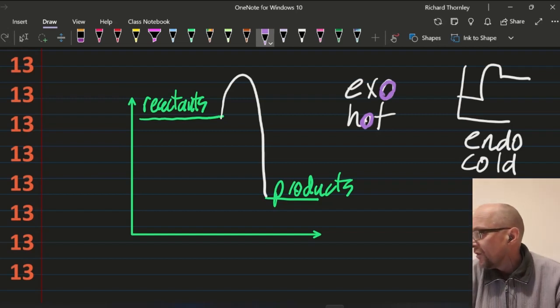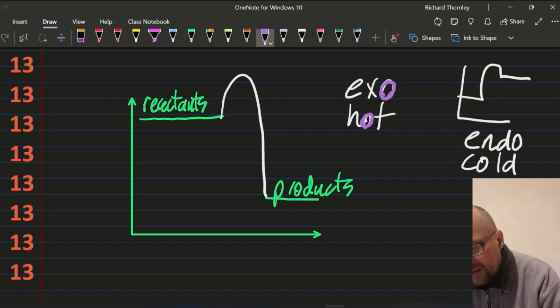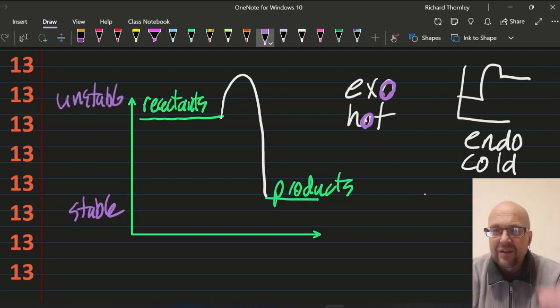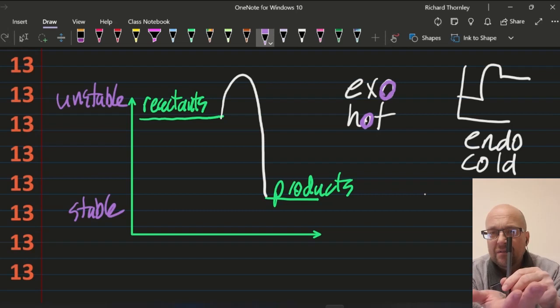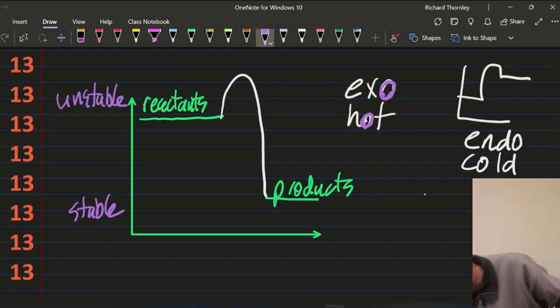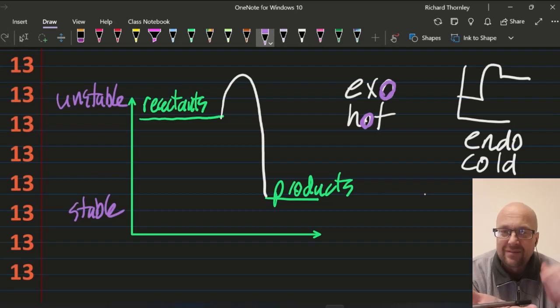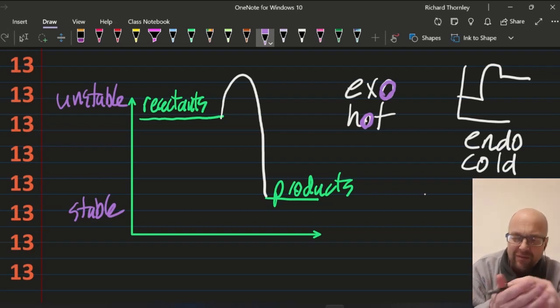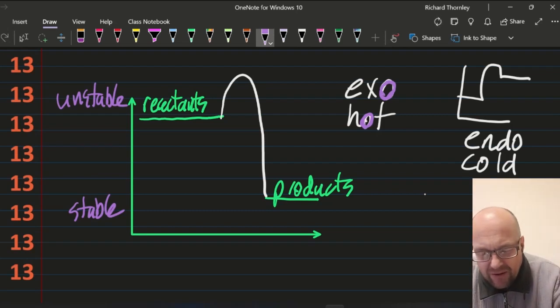Anyway, if it's got low energy, it's stable. And if it's got high energy, it's unstable. That makes sense, doesn't it? This has high energy, and now it has low energy, potential energy if you want. So anything with a low energy is more stable.